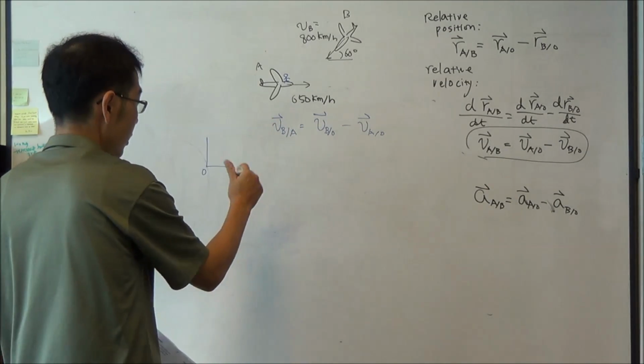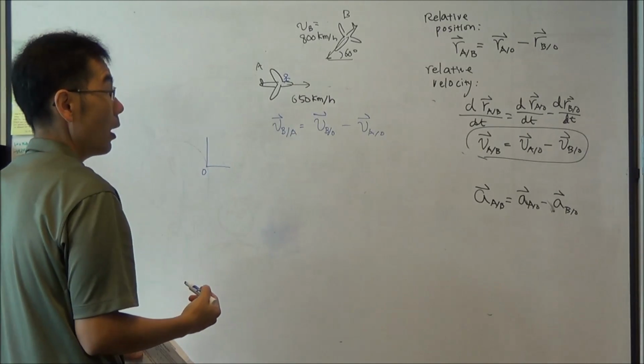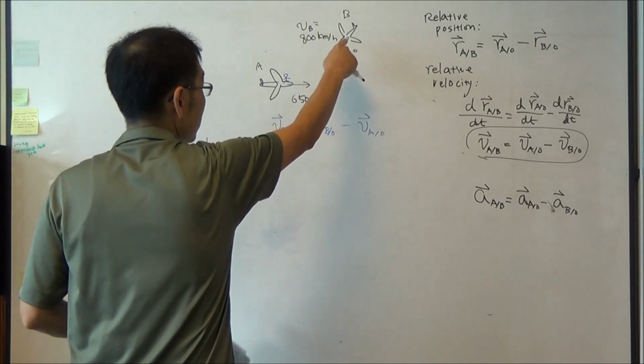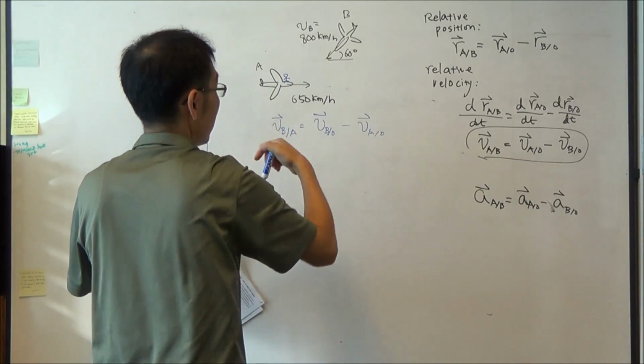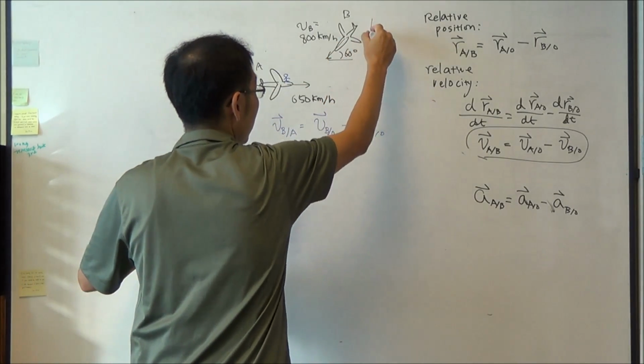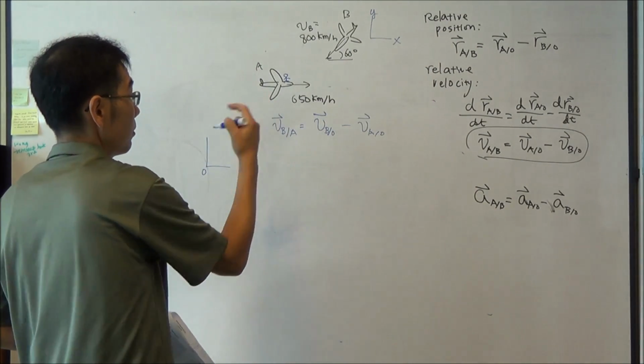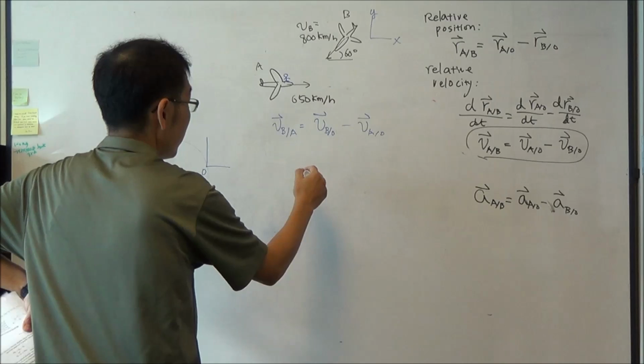Everything is just a vector, okay? So let's say horizontal is X and vertical is Y. Then what is v_B/O? This is going in this direction. So what is the vector of B?